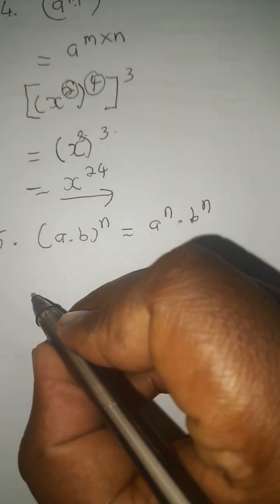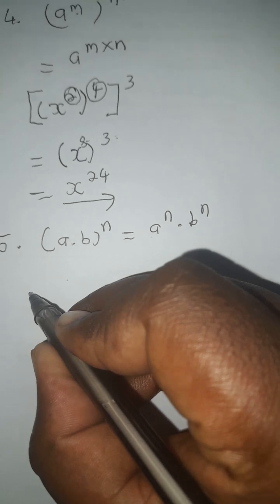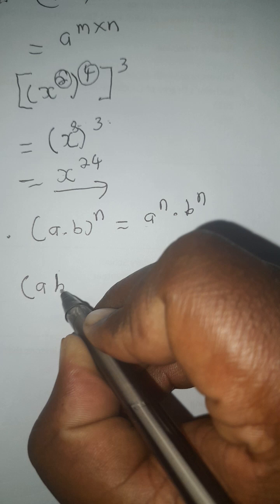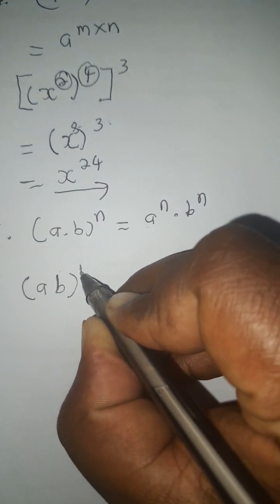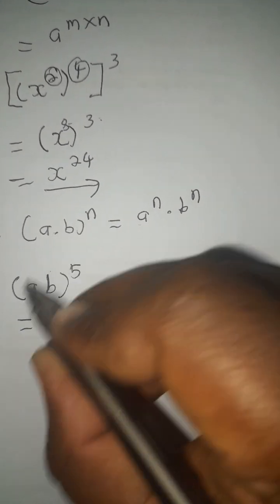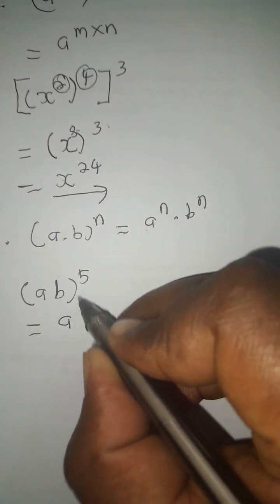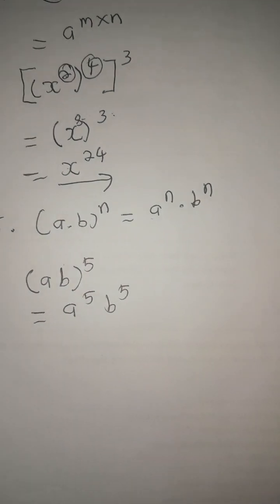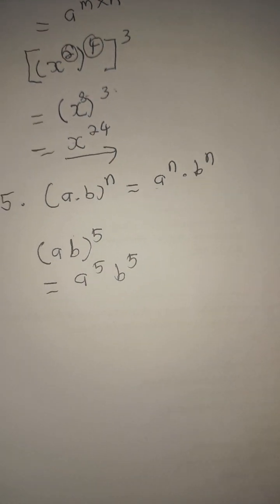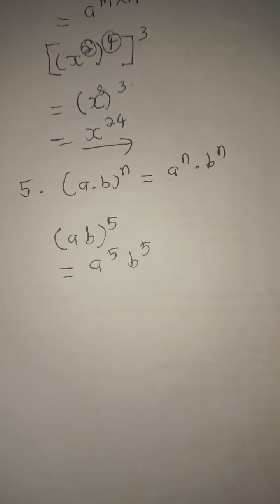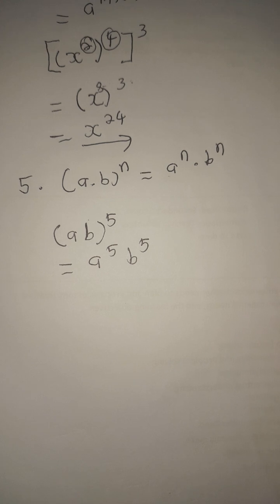So consider maybe in an examination, or in a test, or in an assignment, they gave you a to the power of b, then everything here will be raised. If you power this by 5, it will be a to the power of 5 and b to the power of 5, right? So a very important part that we ought to know, guys, right?